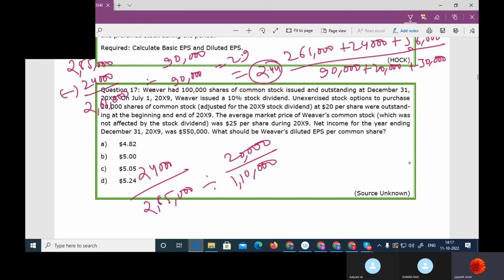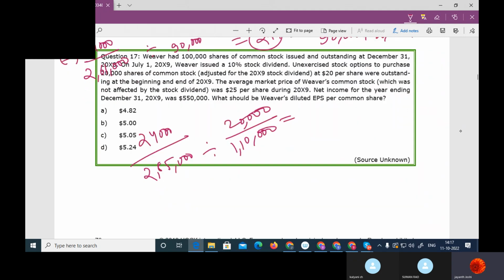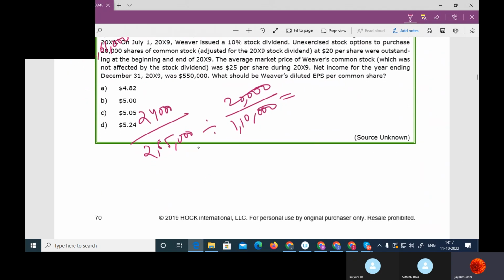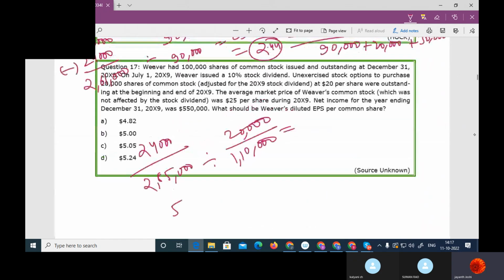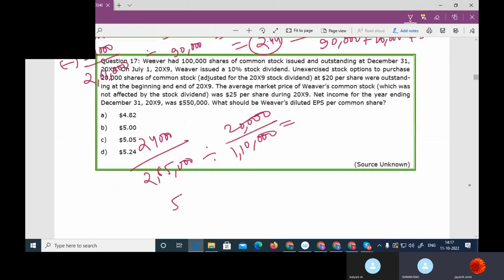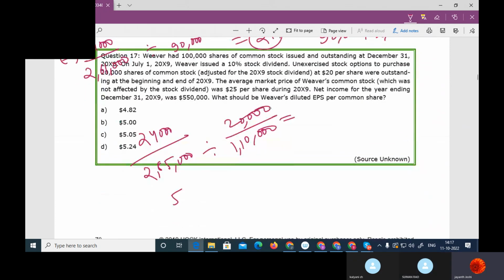You divide this and tell me what you are getting. 2,85,000 divided by 1,10,000. Here you have 90,000 shares plus 20,000 preferred stock. 2.59.